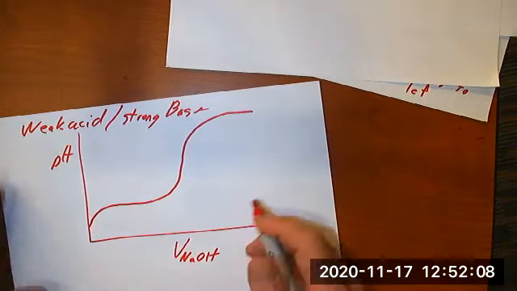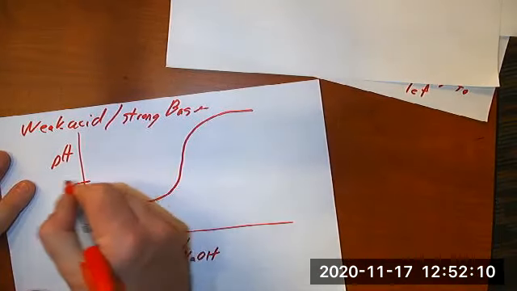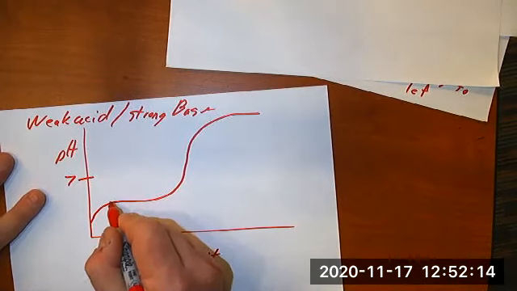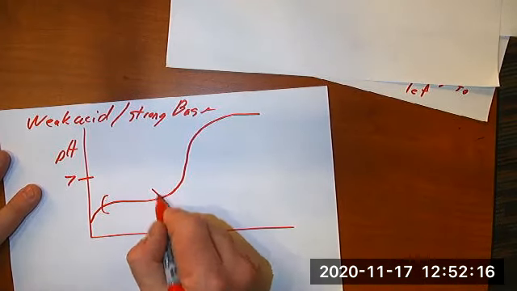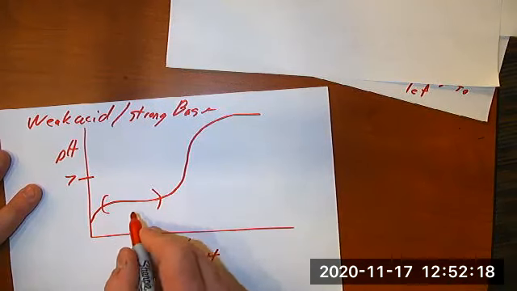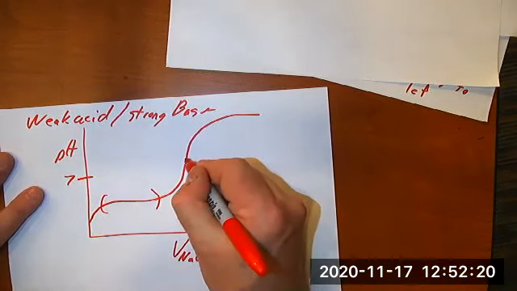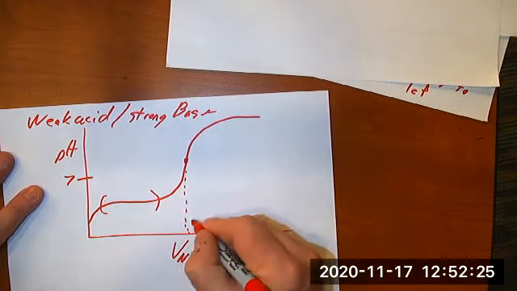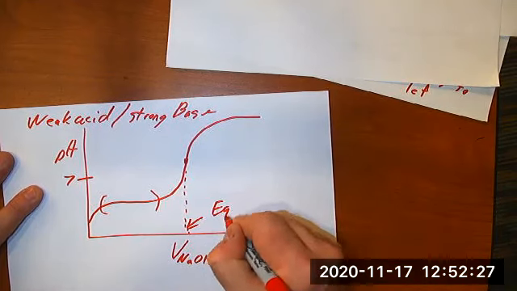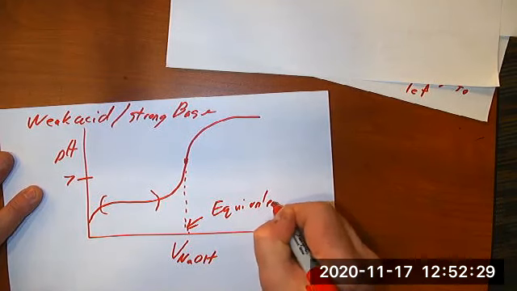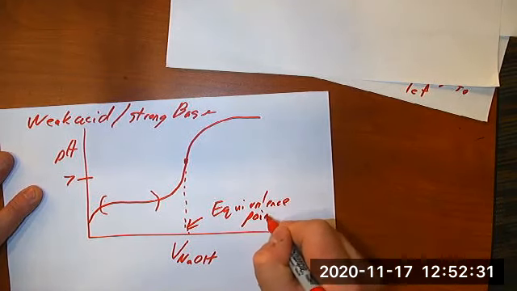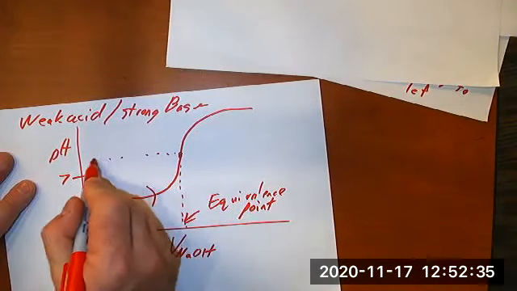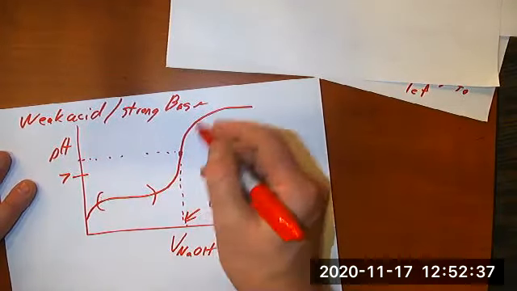Generally you have a region around the buffer point. We have our equivalence point here, which can be determined very precisely in terms of volume because it's so steep at that point.